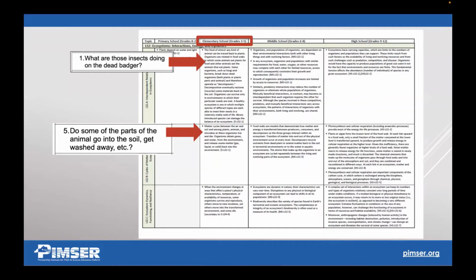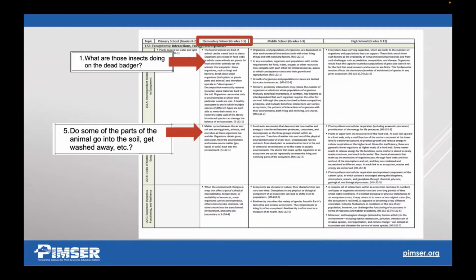And if not, if you can't find connections, then what adjustments might need to be made to that anchoring phenomenon? In this case, the badger roadkill decomposition. Or what might be some prompting questions that you could use that would broaden the students' thinking or get them to generate questions that more of the DCI would be a part of the answer to.